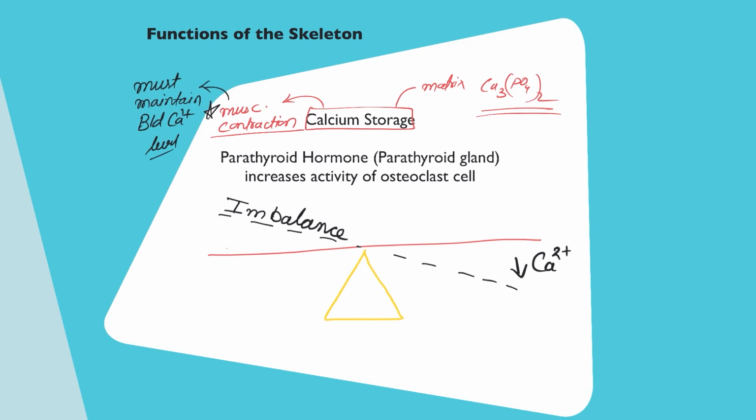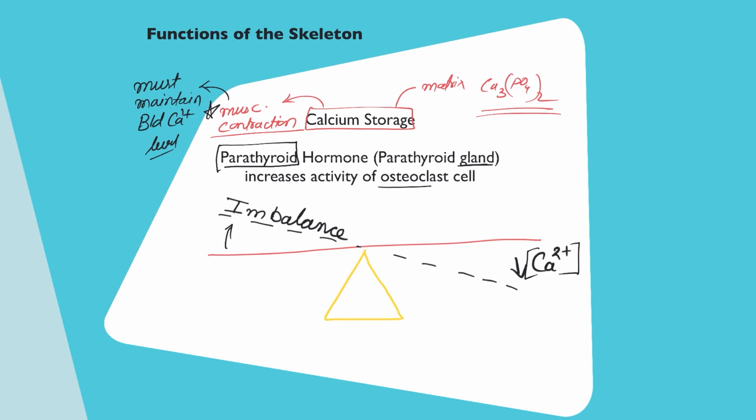If at all there is an imbalance, let's say the amount of calcium ions decreases, there's a gland situated like buttons in your thyroid gland, called the parathyroid gland, which releases a hormone called parathyroid hormone.